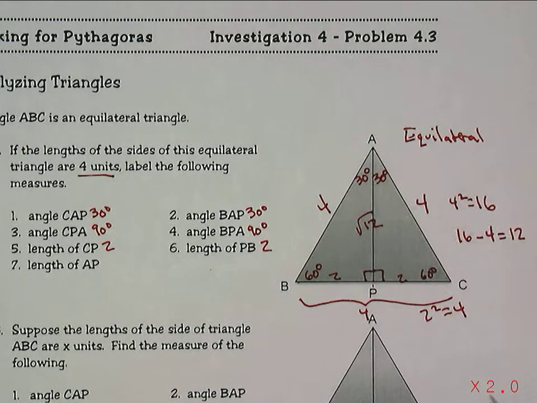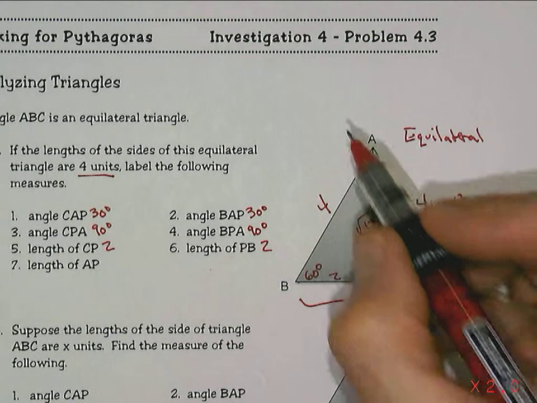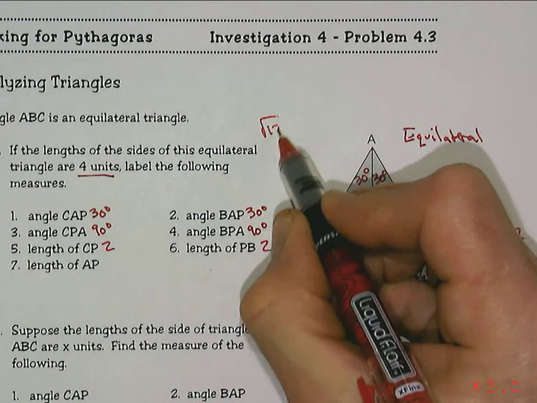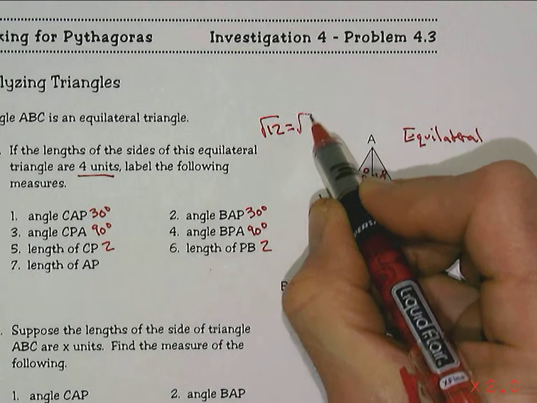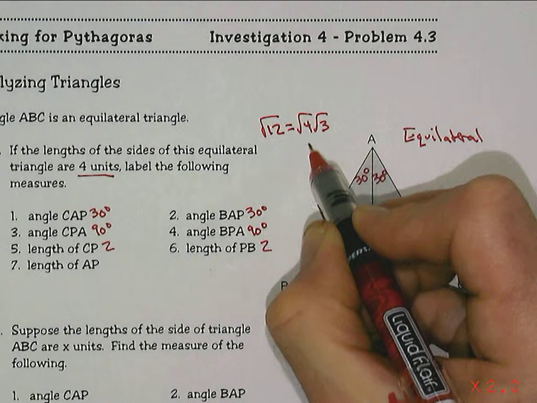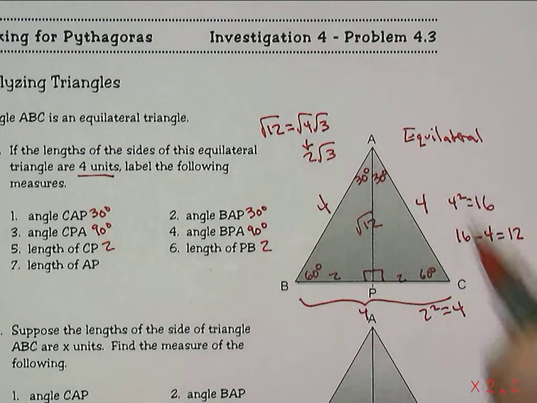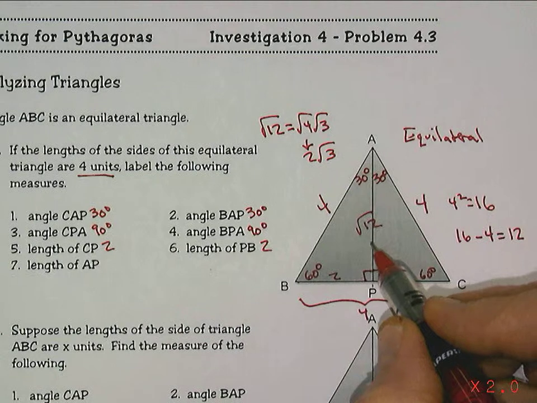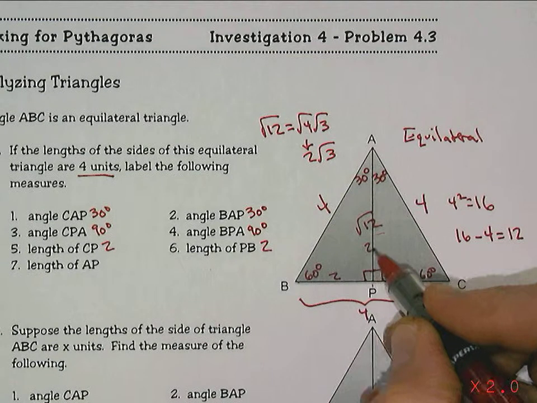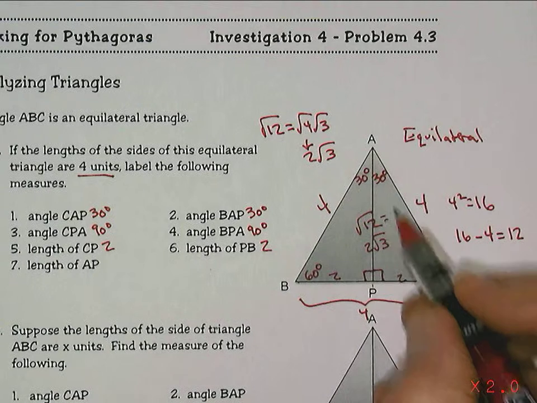Now, if we simplify the square root of 12, which we can do, it simplifies to the square root of 4 times the square root of 3. And the square root of 4 is 2. So this center piece here is 2 square roots of 3. These are equivalent amounts.